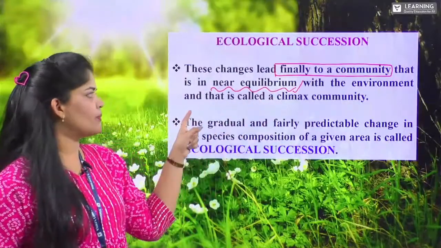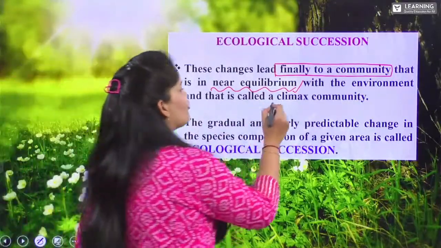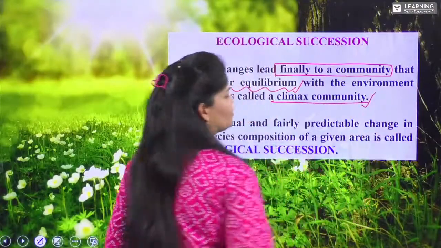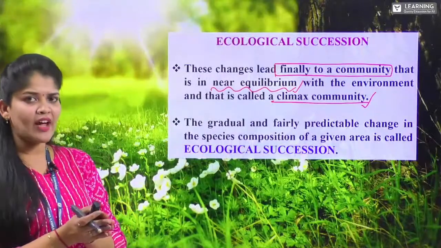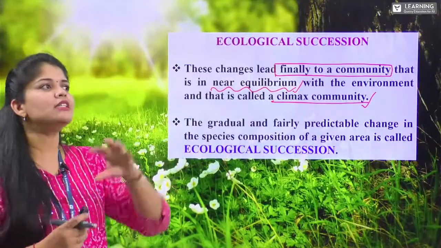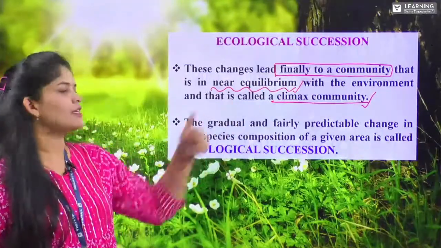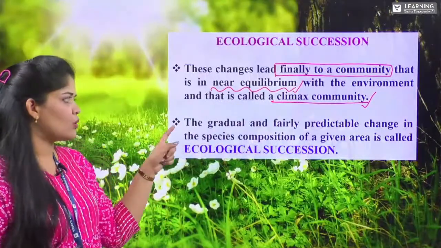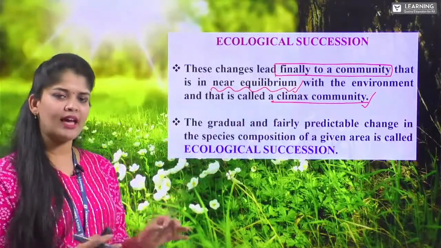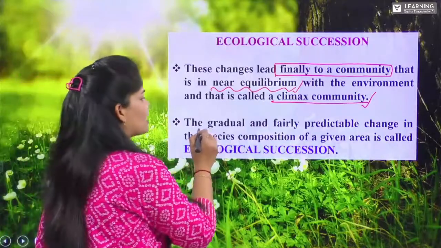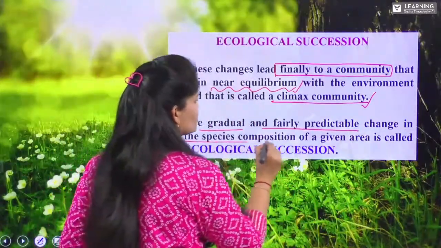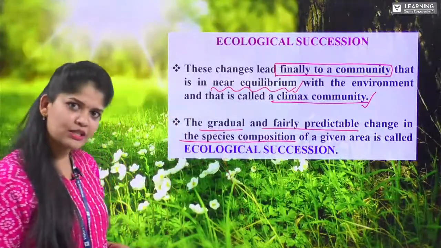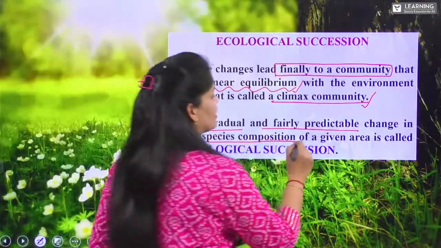Now, with the environment, that is called the final community, the climax community. The final community is nearly stable, which is what we call near equilibrium. Now, this gradual, fairly predictable change in the species composition of a given area.